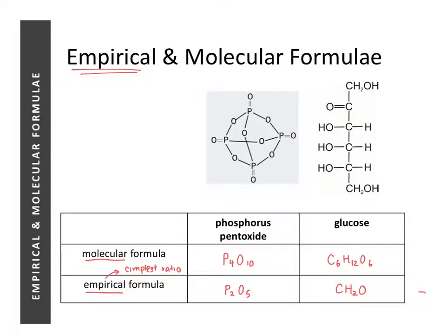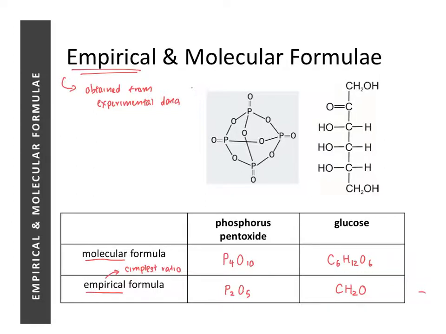Alright, so why are we learning this concept of empirical formula? What is empirical? Empirical means obtained from experimental data. Alright, so if we were to conduct experiments to find out how many phosphorus and how many oxygen is present in phosphorus pentoxide, we cannot get the exact number of atoms, but what we can get is the simplest ratio.